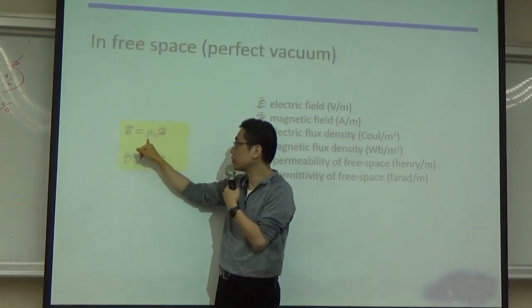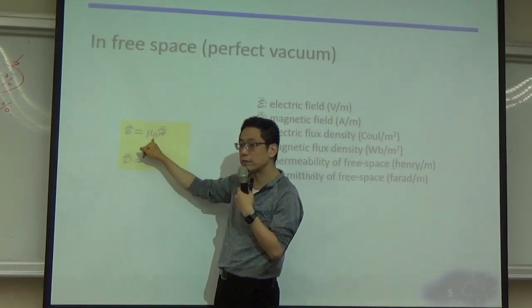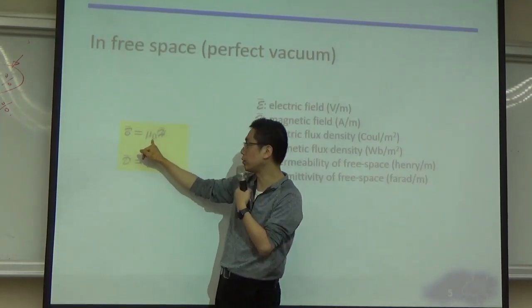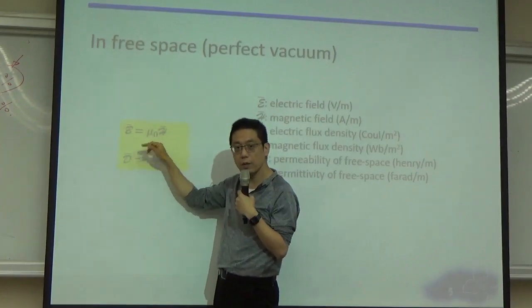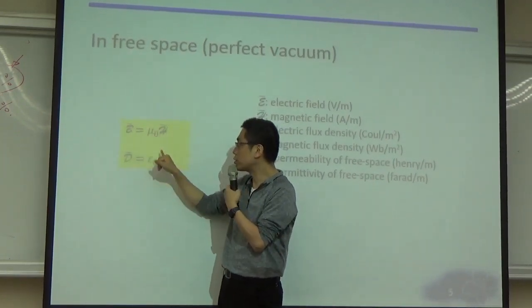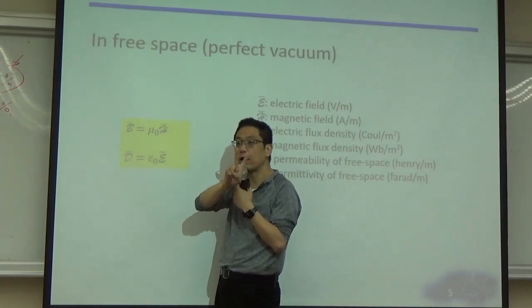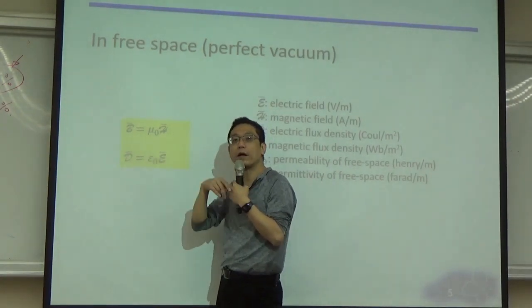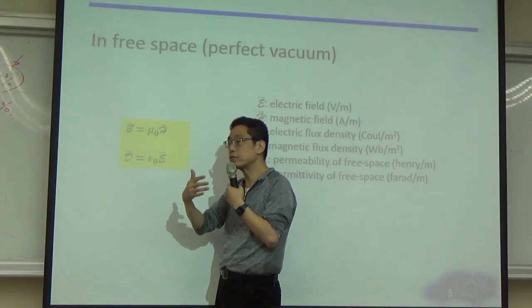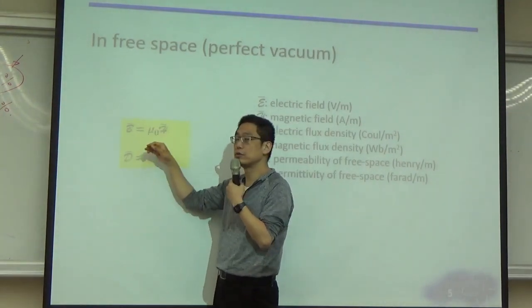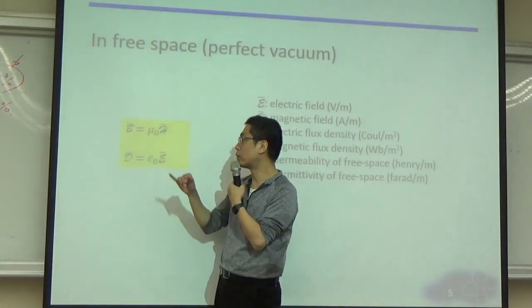But if this is something different, a different material, we use only mu here. We will introduce these two in the second part of our chapter 1, okay? We will introduce more materials and describe these two more.